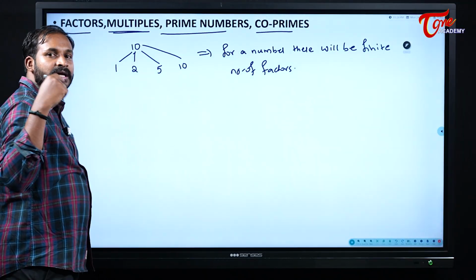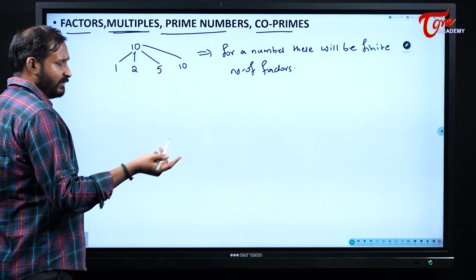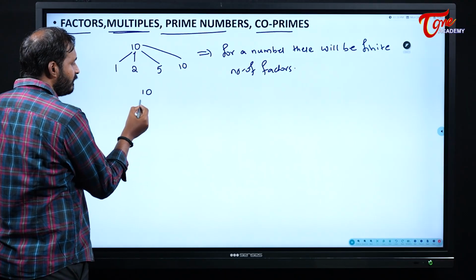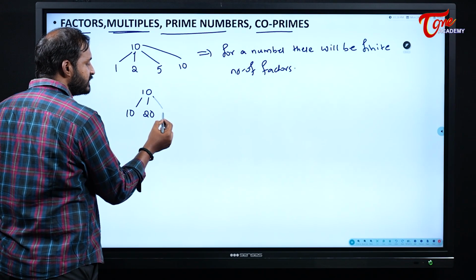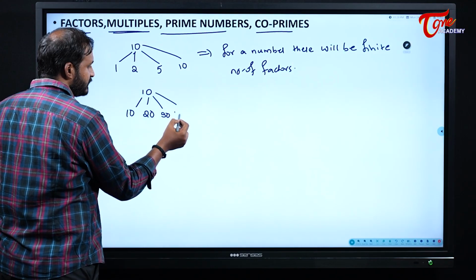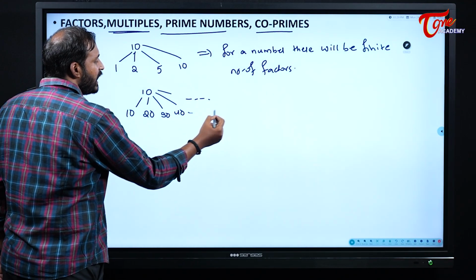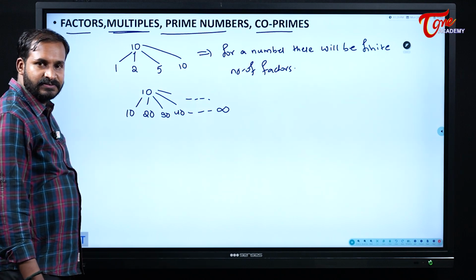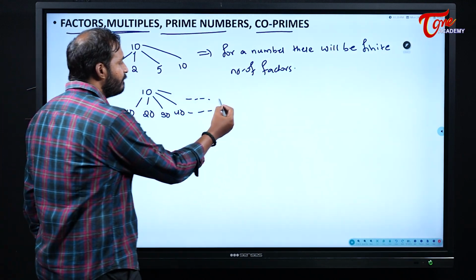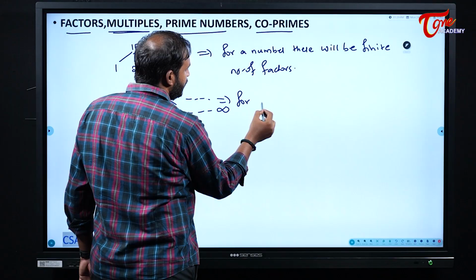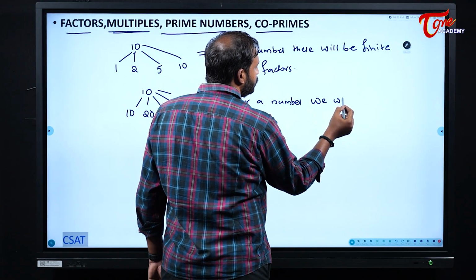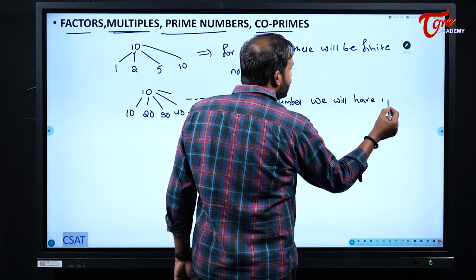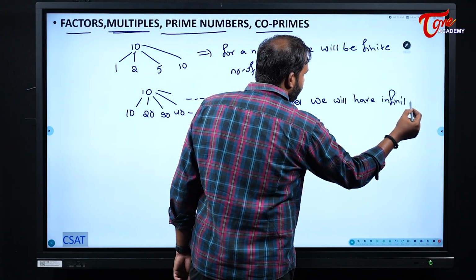Multiples means what? When I multiply, see, for 10 the multiples are: 10 ones is 10, 10 twos is 20, 10 threes is 30. Like this, I will have an infinite number of multiples for 10, right? So for any number, we will have infinite multiples.